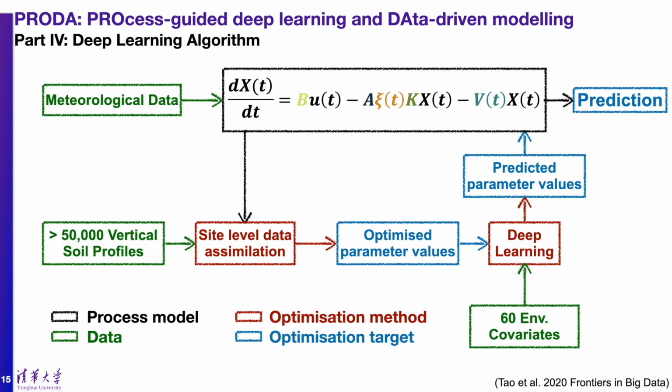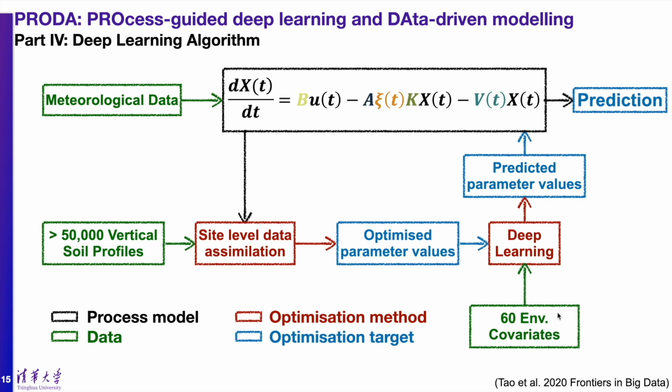The deep learning algorithm is then designed in the PRODA approach to solve this problem. If you still remember, for each site's observations, we not only have the soil carbon measurements, but we also have environmental conditions of that site, such as climatic and edaphic features.